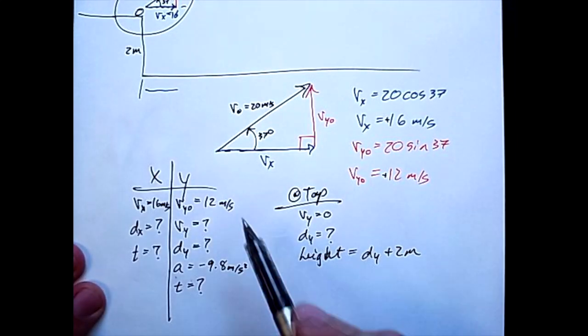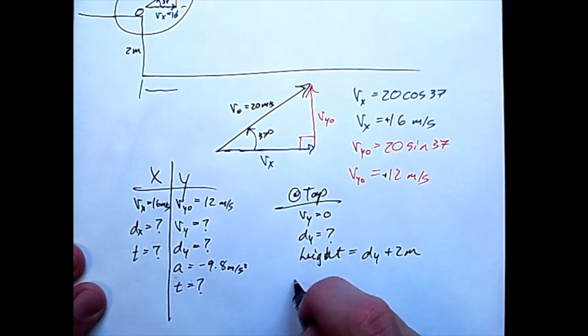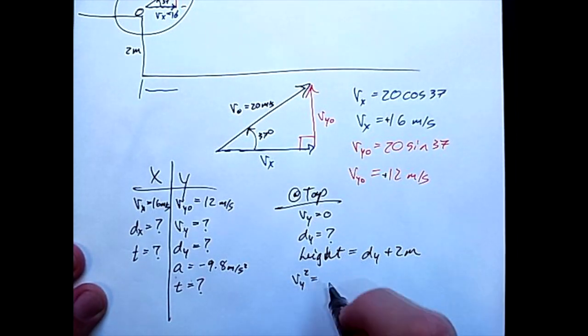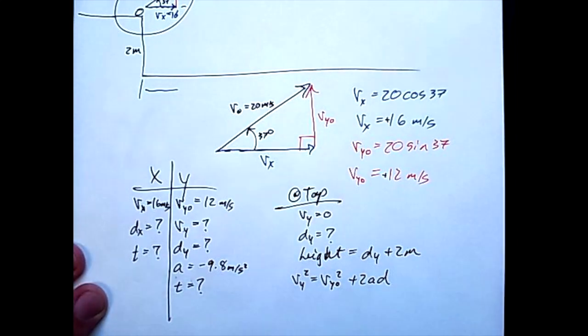Based on that information and the rest of my table here, I can solve that pretty easily with my v squared equal to v naught squared plus 2ad formula.